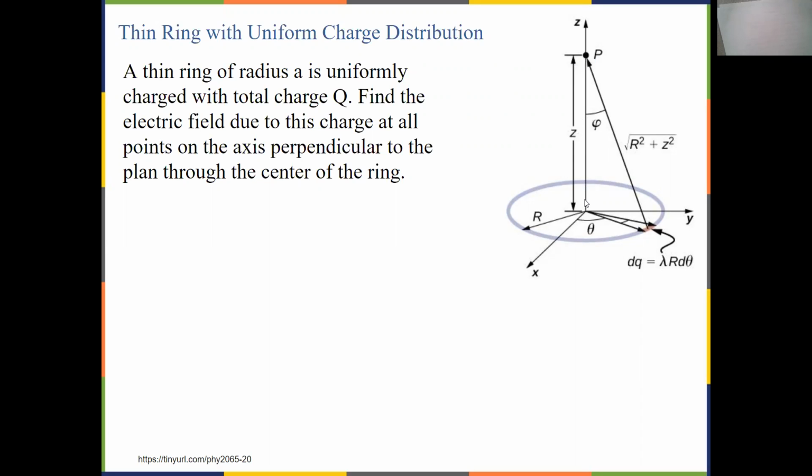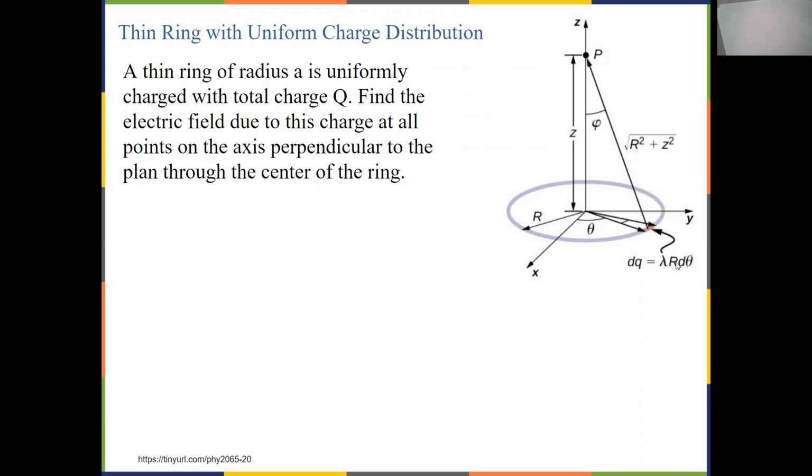Now this is a line charge distribution, so again we can divide the line into many very small pieces. For each small piece, the charge dq will be equal to lambda times the arc length, so lambda times r times d theta, with theta in radians.